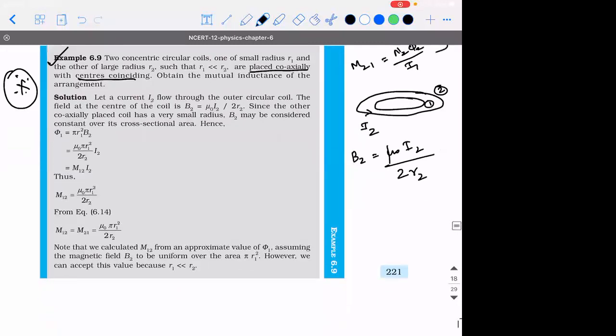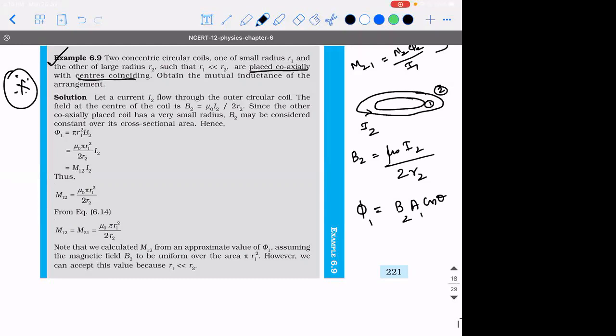Now, what will be the flux associated with the first coil? The flux is B A cos theta. Here, the magnetic field is generated by the second coil, and we are concerned only about the flux through the first coil.